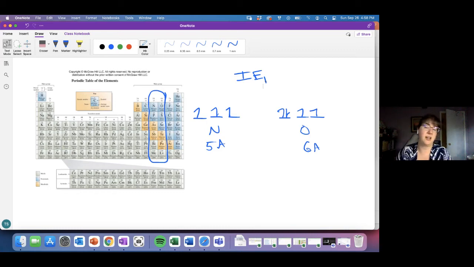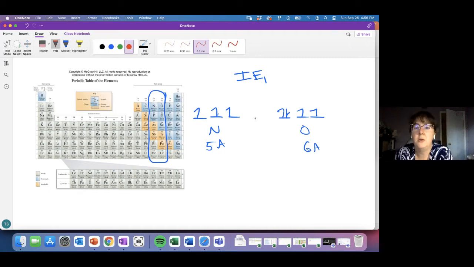I know we did second ionization energy a little while ago. And in general, if we forget to specify which ionization energy we're talking about, the default is first. So if we ever just say ionization energy without clarifying, we mean the first ionization energy, unless we say otherwise.